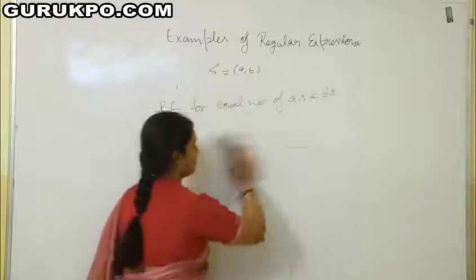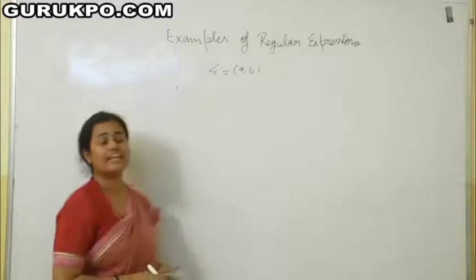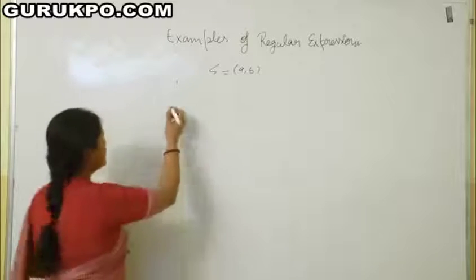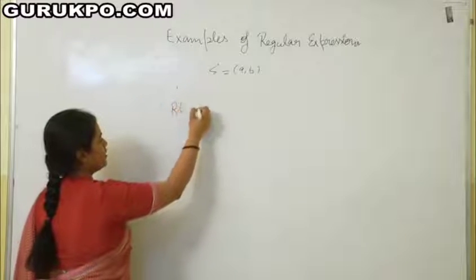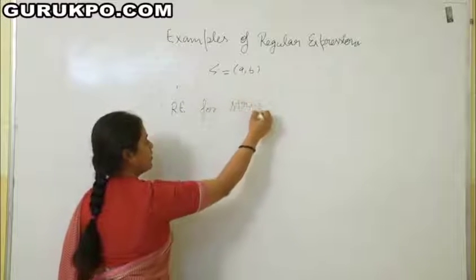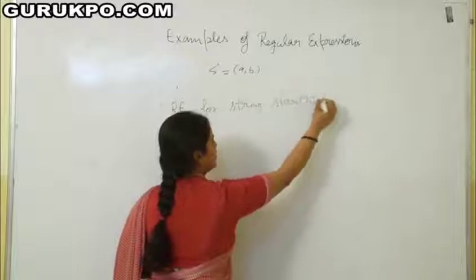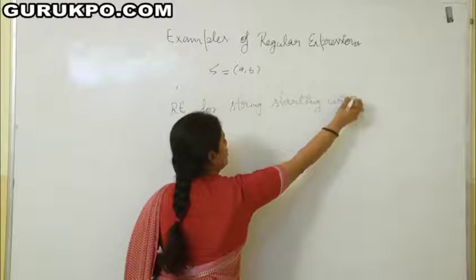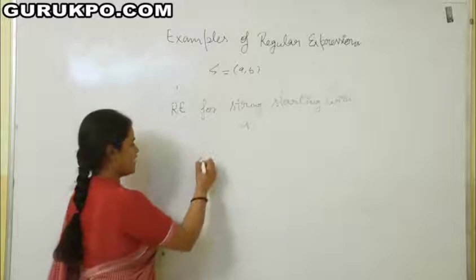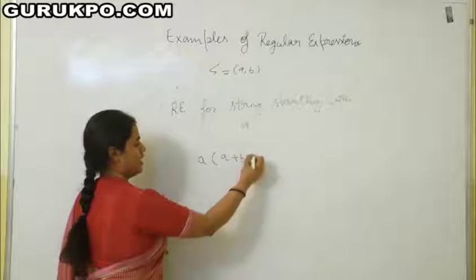Now, we have talked about the number of A's and number of B's. Now we will consider the case of a string starting with A and ending with A. Regular expression for the string starting with A: first of all, start the string with A and write anything else.